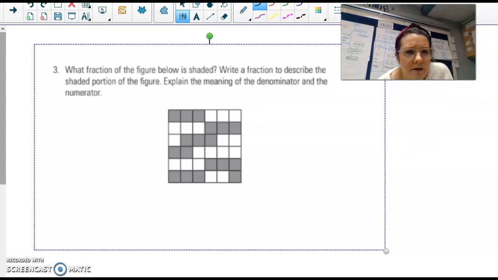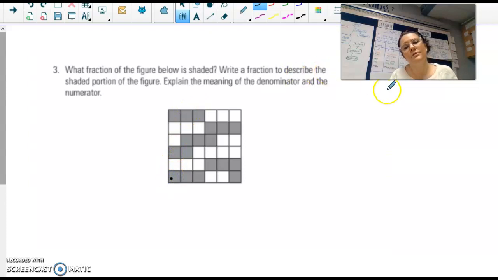Number 3 says, what fraction of the figure below is shaded? Write a fraction to describe the shaded portion of the figure. Explain the meaning of the denominator and the numerator. So again, the total number of squares is going to be our denominator. That represents our whole. So let's see, I have 1, 2, 3, 4, 5, 6 columns, 1, 2, 3, 4, 5, 6 rows.